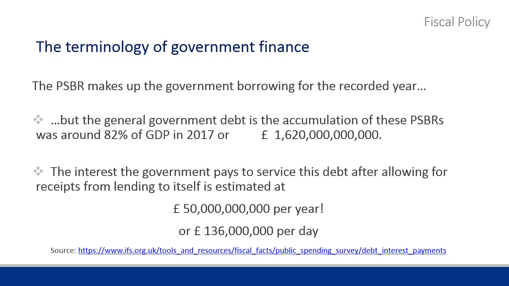But just for interesting facts, for 2017 in the UK, our general debt was 82% of GDP. Put another way, that is 1.6 trillion pounds. And the interest the government is paying to service that debt is 50 billion pounds per year, or 136 million pounds per day.